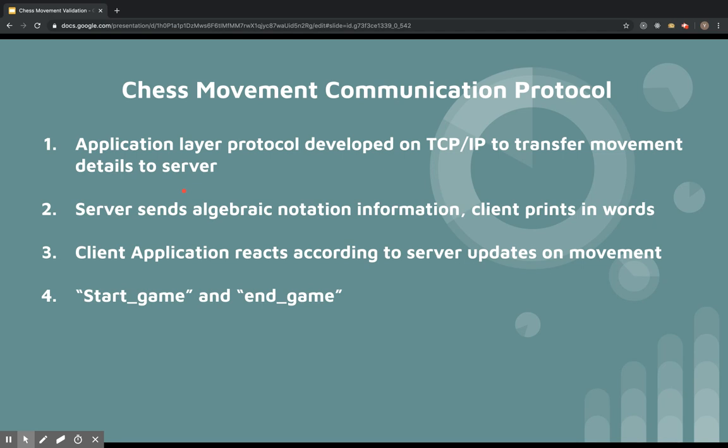Every time a change in the gameplay takes place, the client essentially just prints words saying that, for example, the queen moved from location A8 to H6, for example, and that is the reason why algebraic notations are also kept track of in the matrix, along with each of the pieces and each of the locations of the square as well.